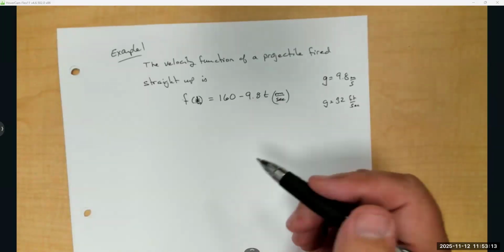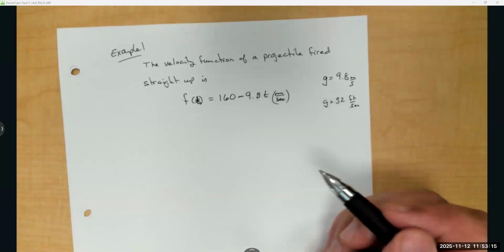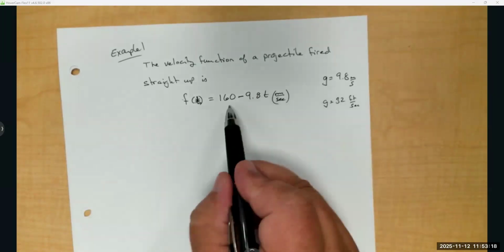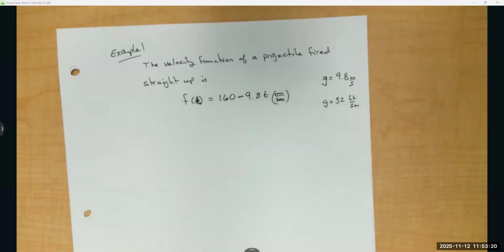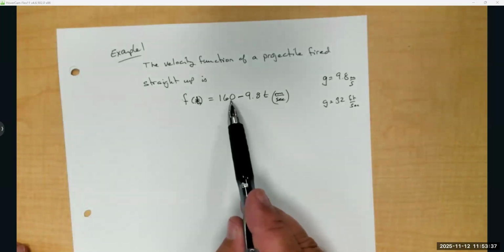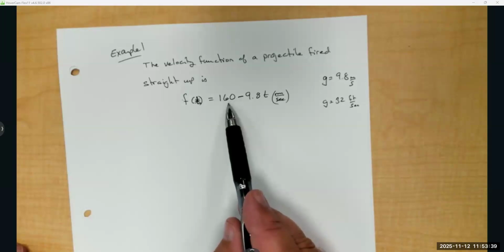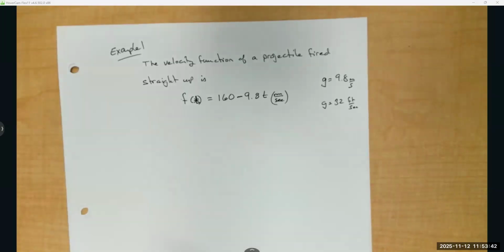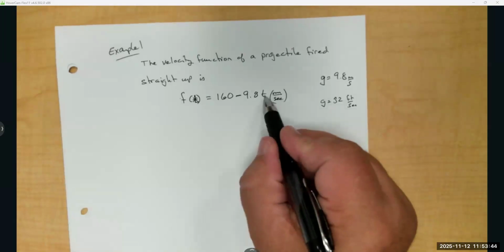Since gravity is a force pulling down, even if the object is shot straight up, once the initial velocity is worn off, it starts falling. What's the only force acting upon it? Gravity. That's the only thing. So once this is the initial velocity, it takes off at 160 meters per second, and this is the only force acting upon it.